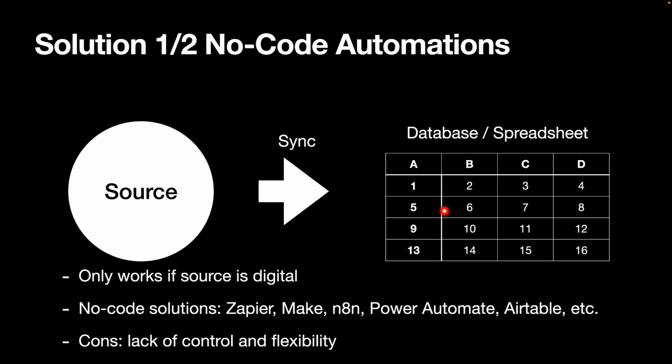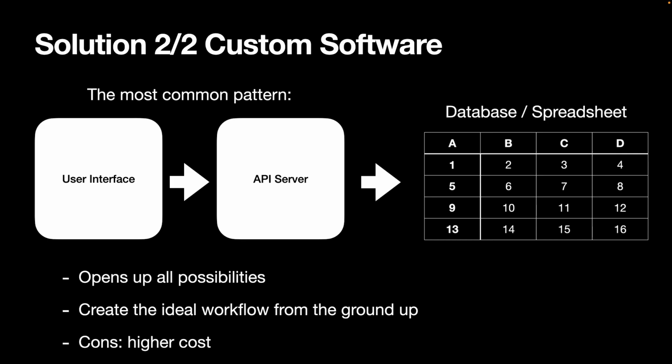And it can be a little bit janky because you perhaps are parsing emails or doing something that's not super sturdy or reliable in order to get the information over here, which is why we're going to hop over pretty quickly to the second solution, which has a little bit more control and flexibility, and that would be custom software.